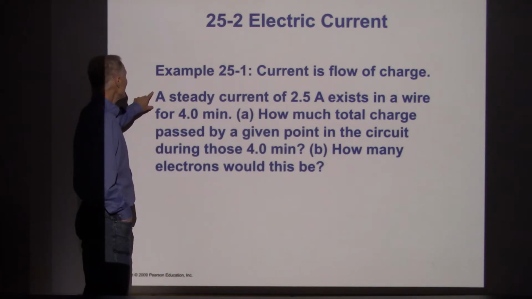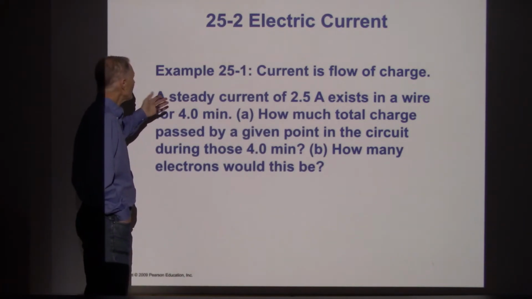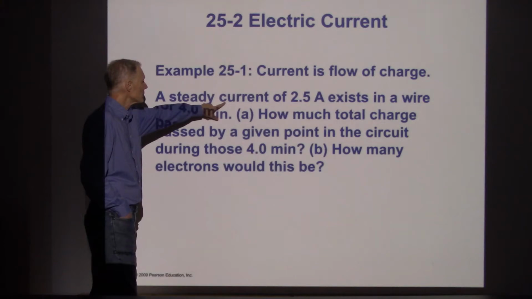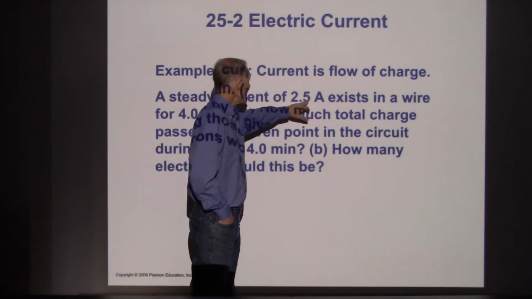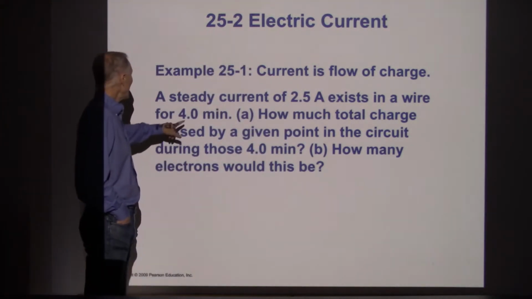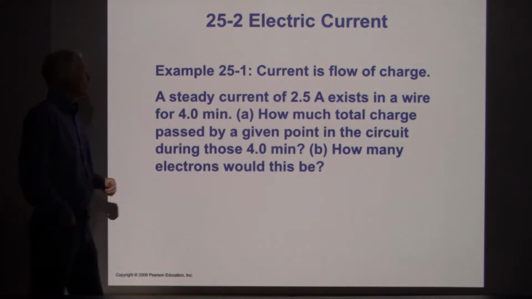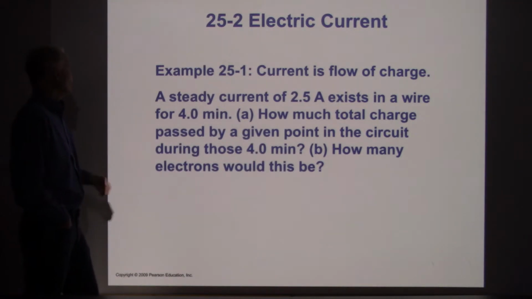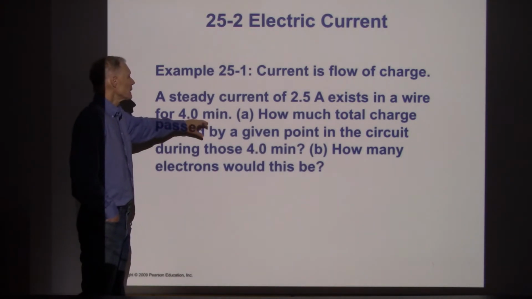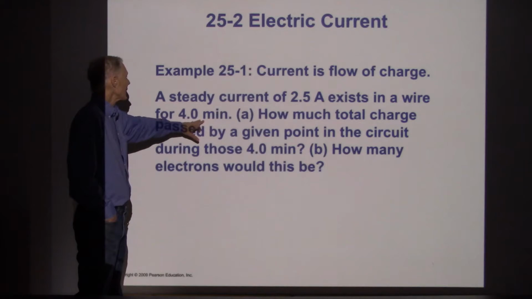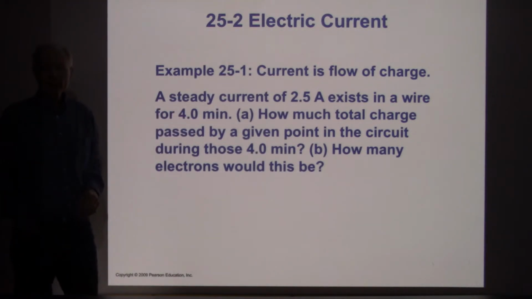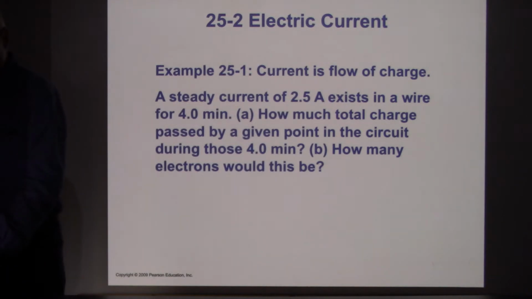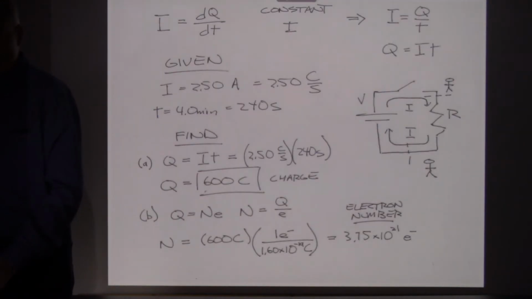We have a circuit set up, and there is a steady current of electrons at a current of 2.5 amps, flowing through a wire for 4 minutes. How much charge goes by if that's the case? And how many electrons would this correspond to?